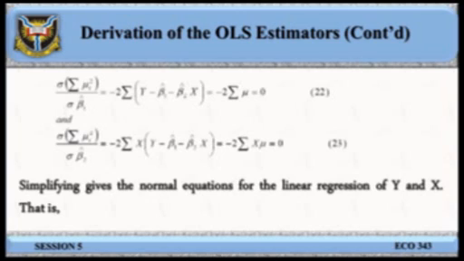The equation RSS is written below. The necessary conditions for a stationary value of RSS are also written in equations below. Simplifying gives the normal equations for the linear regression of y and x.